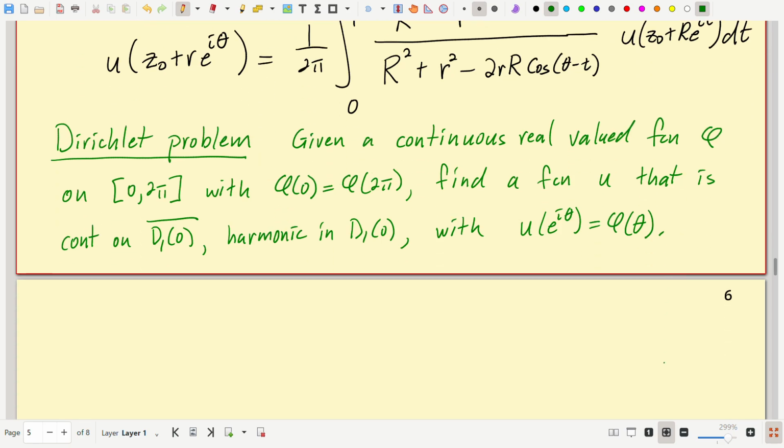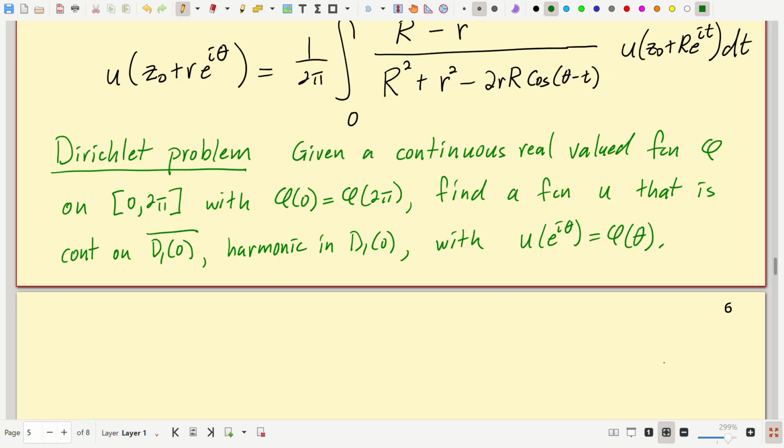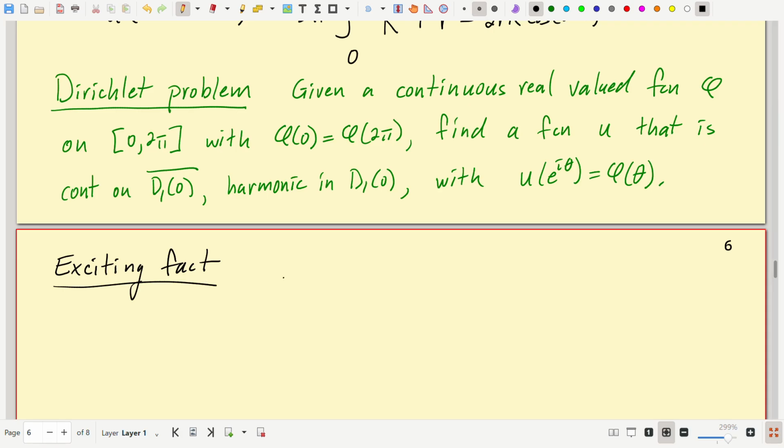An exciting fact, you look at those Poisson formulas. If I had such a thing, they would be given by those Poisson formulas. And the exciting thing is that those formulas solve the problem. So an exciting fact. The Poisson formula solves the Dirichlet problem.